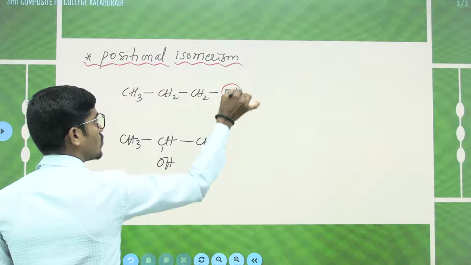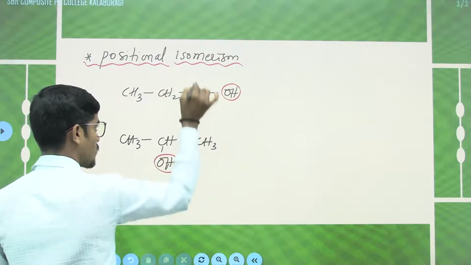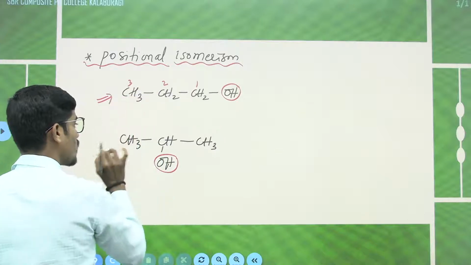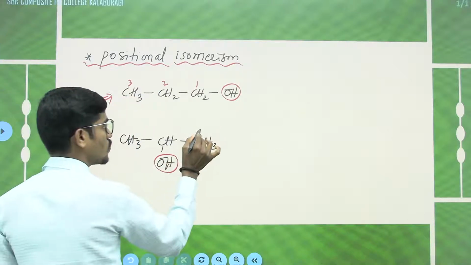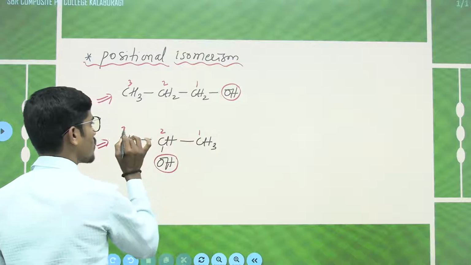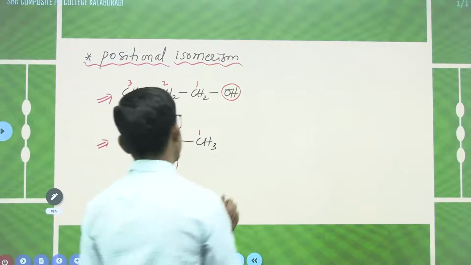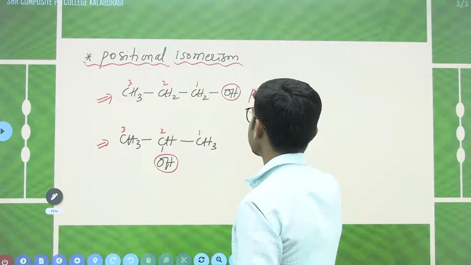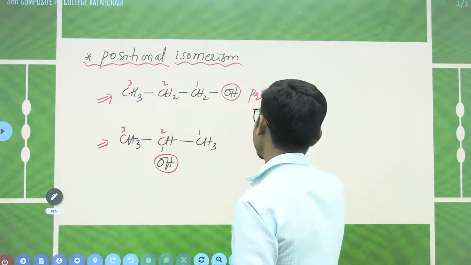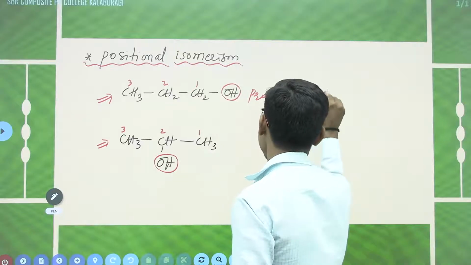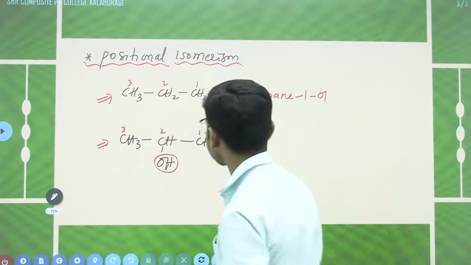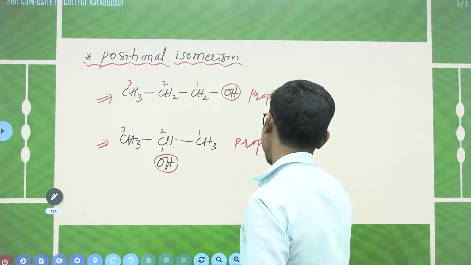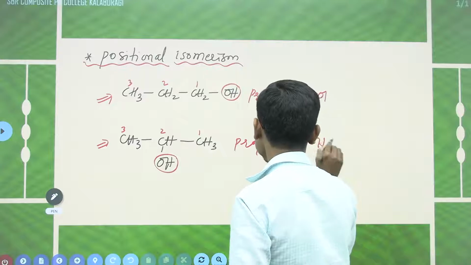Look at this. The functional group OH is present on the first carbon atom in structure number 1, whereas the same OH group is present on the second carbon atom in the other. So its name is 1-propanol: prop, single bond, n, 1-ol. At the first position the OH group is present, whereas in the second structure it is propan-2-ol.